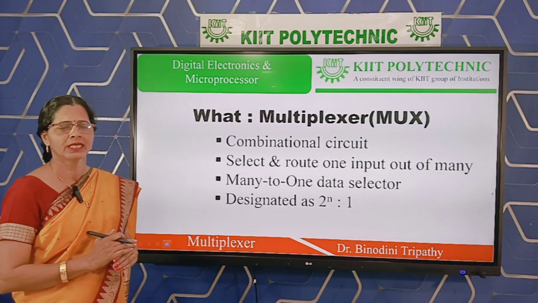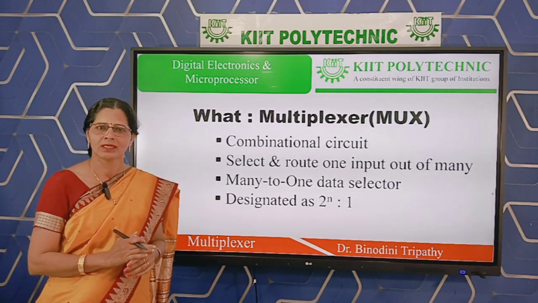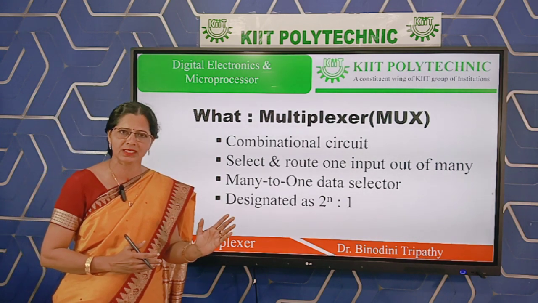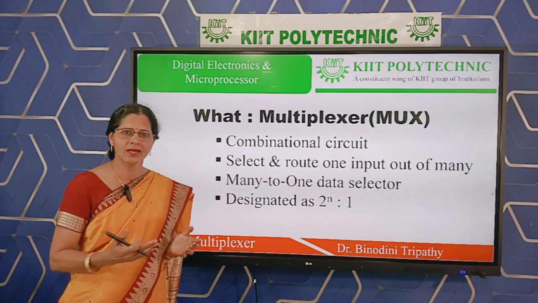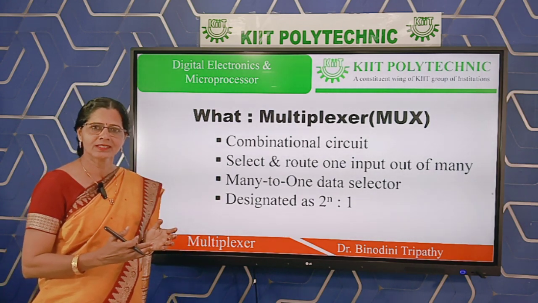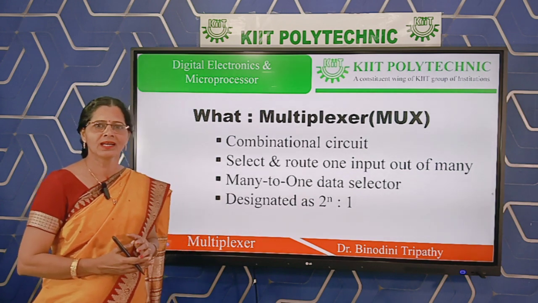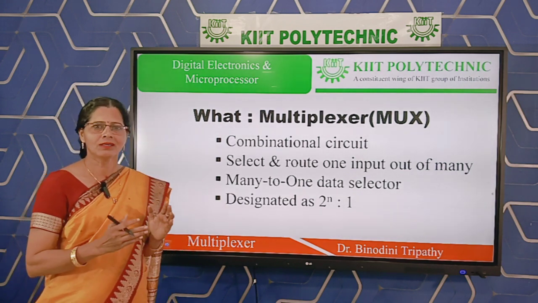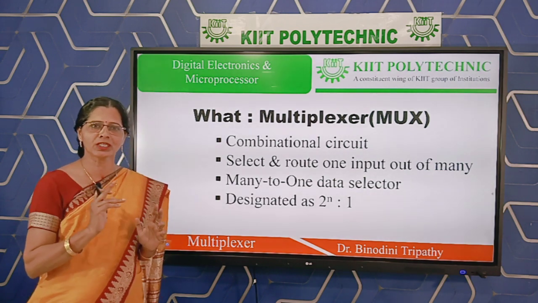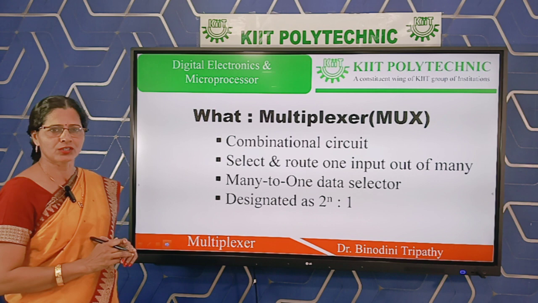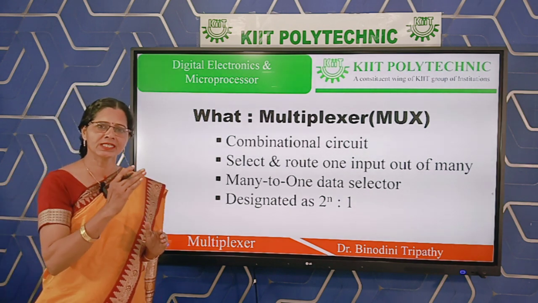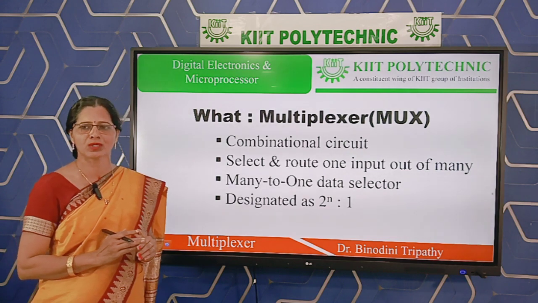Multiplex means mixing or combination of more than one. The meaning is combination of more than one. So as per this paper, it adds more than two digital signals into a single one, or combines them in such a way that it not only combines, it has both capabilities. The multiplexer can combine more than one signal, and also it can select any one as per your requirement.